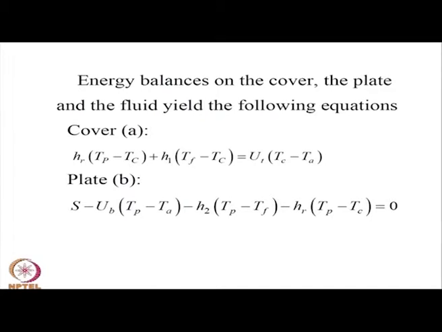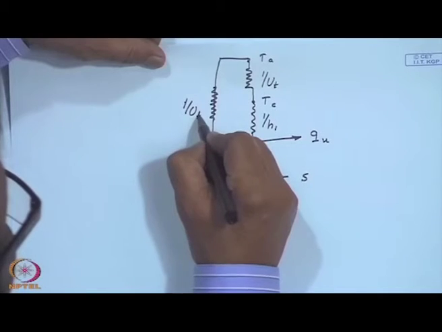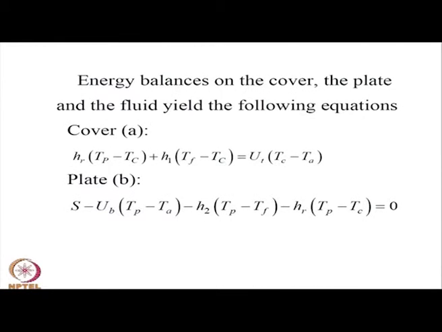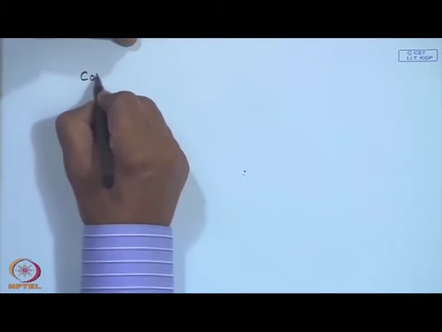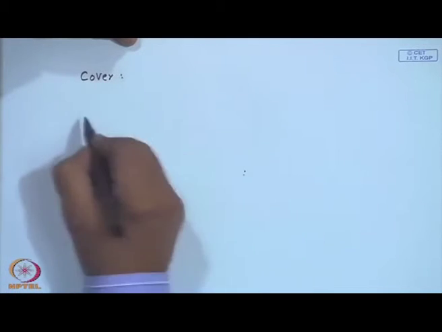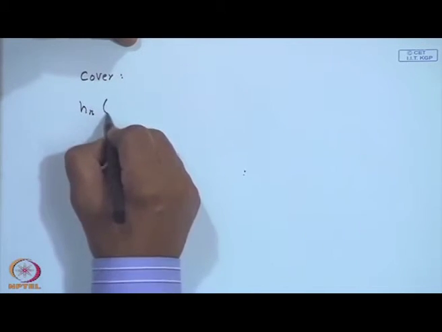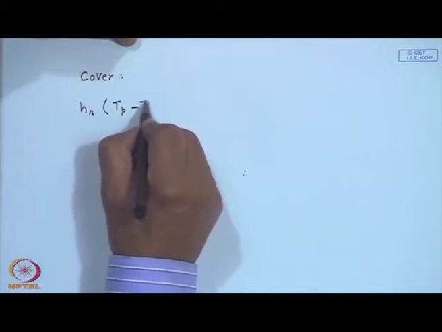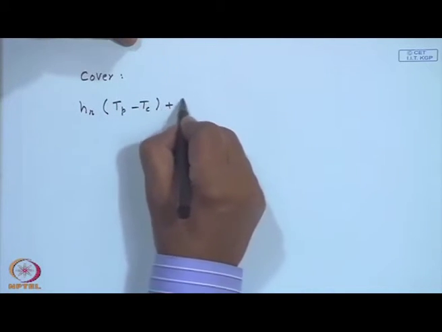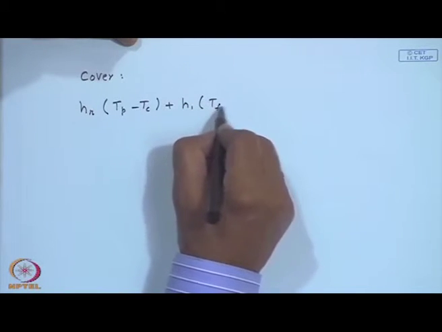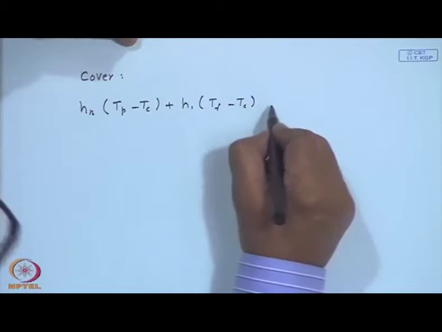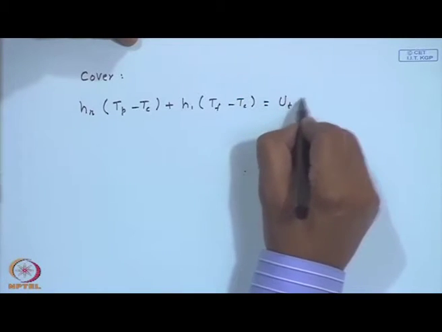Now, you have the energy balances. This is UB. On the cover, HR times Tp minus Tc plus H1 into Tf minus Tc should be equal to Ut into Tc minus Ta.